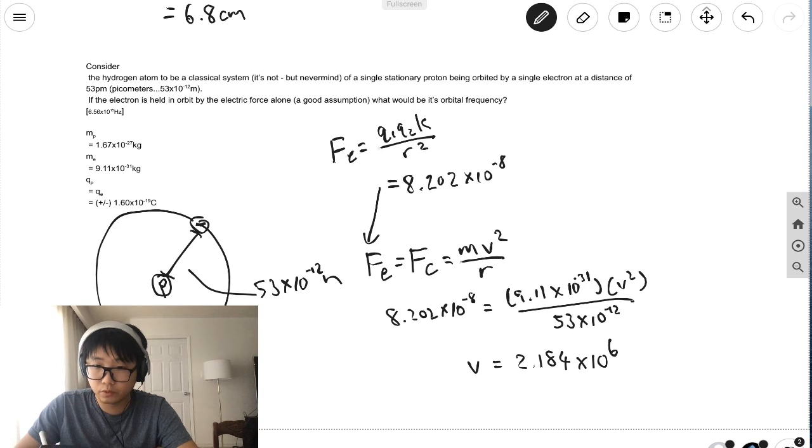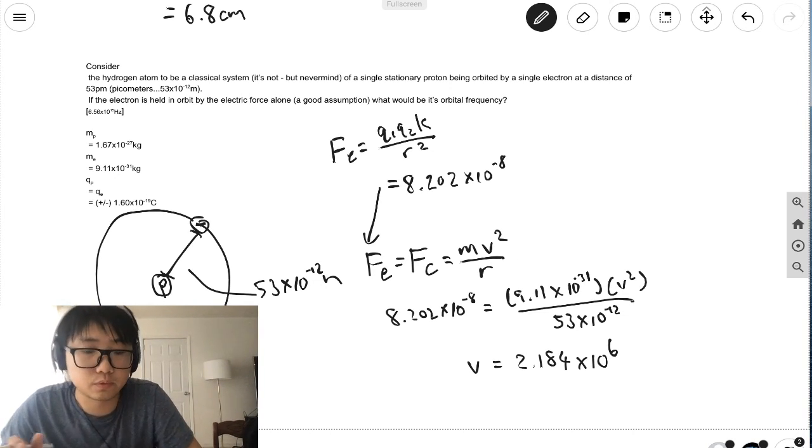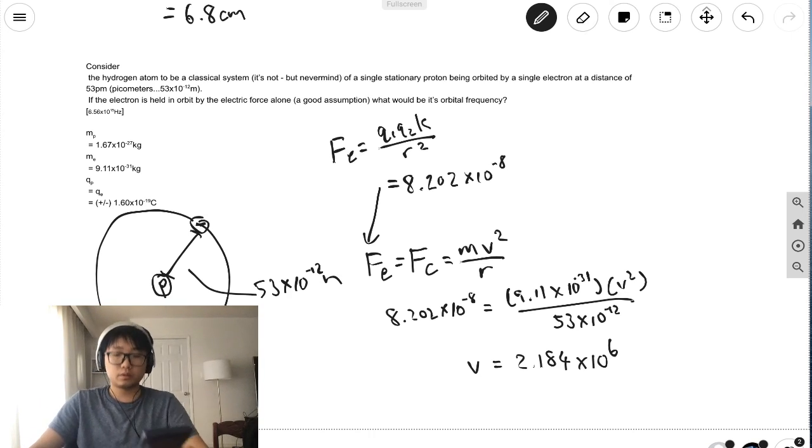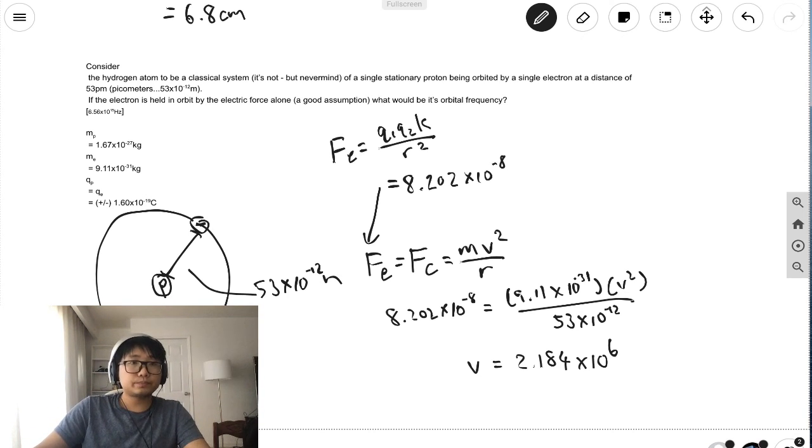That gives me 4.77, and then I square root the number. If you square root 10 to the 12, it should be 10 to the 6, right?